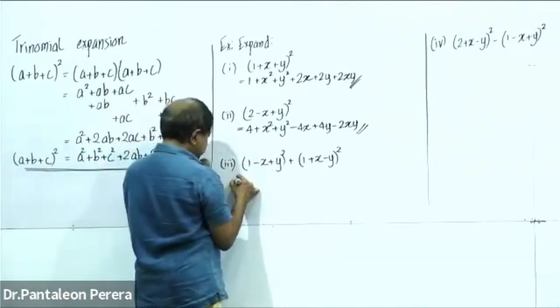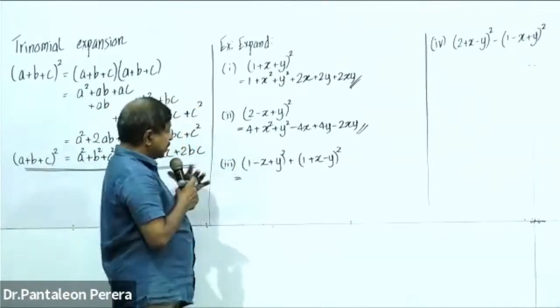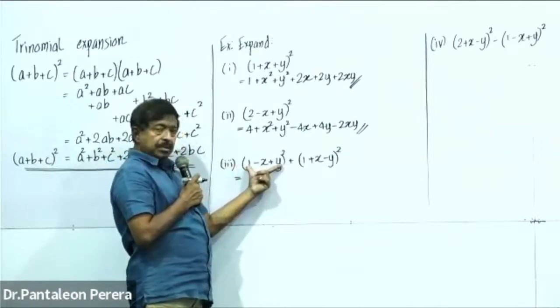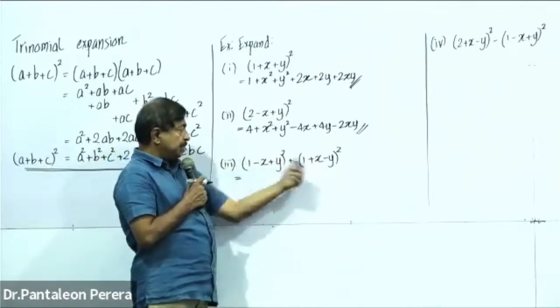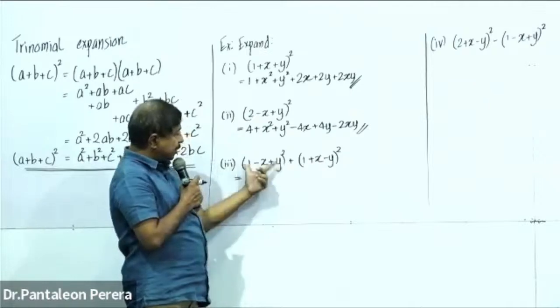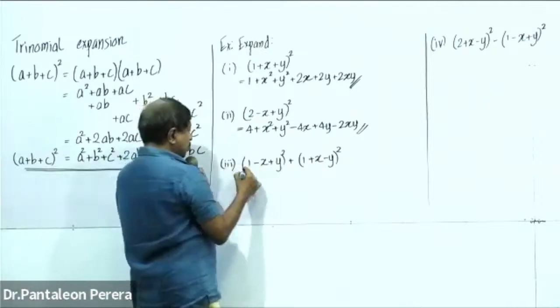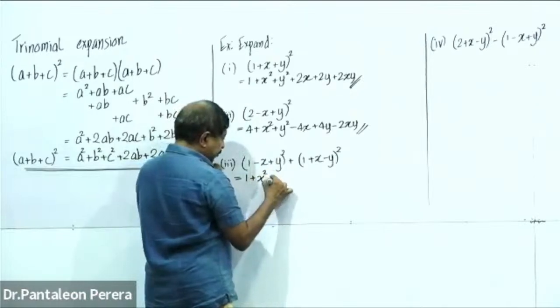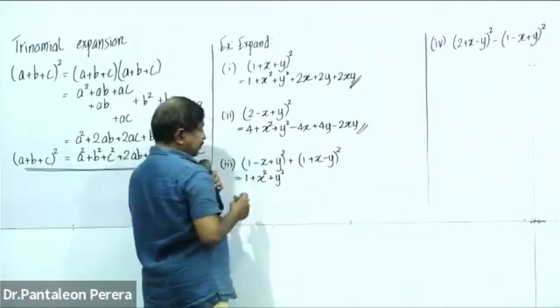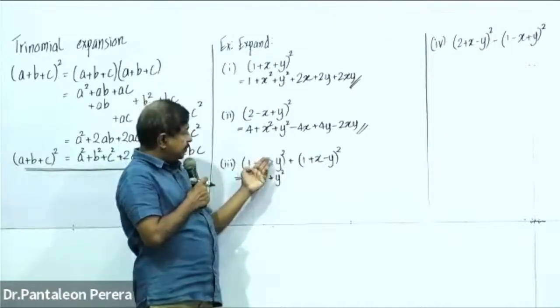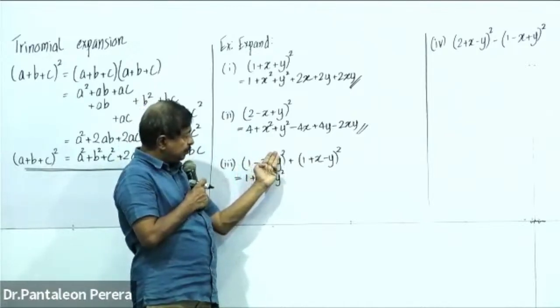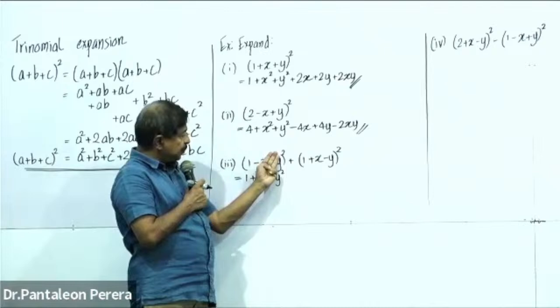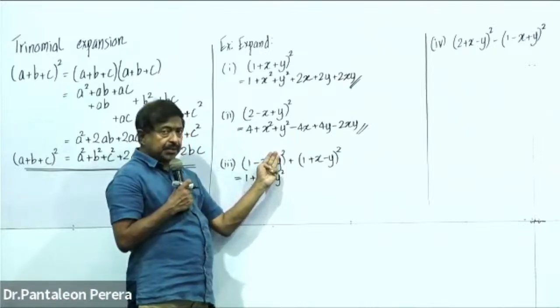Now go for this. Now there are two trinomials. First take care of the first one. First square them. 1 plus x squared plus y squared. After that, close this. What you see is 1, minus 6, and 2.